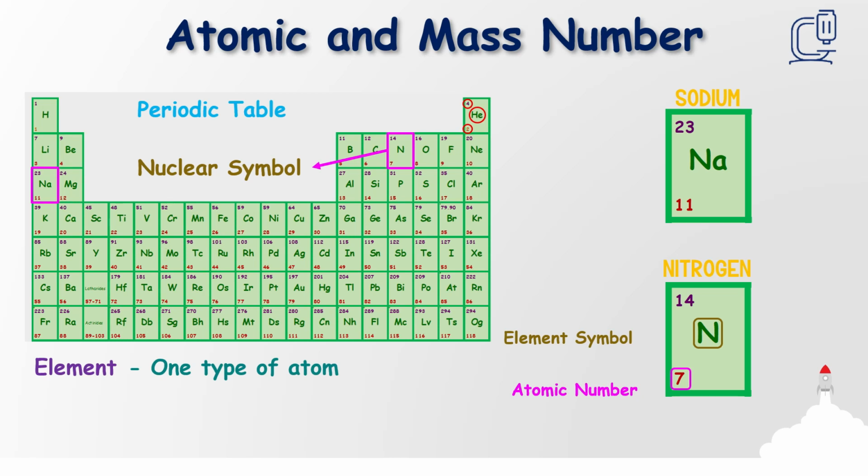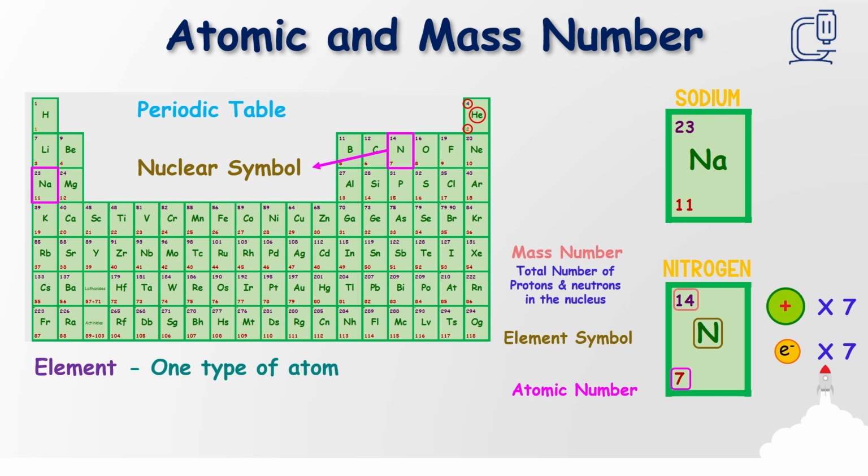So nitrogen has 7 protons in the nucleus. The atomic number is also equal to the number of electrons in an atom, because atoms have the same number of electrons and protons in order to have no overall charge. So the number of electrons in nitrogen is 7. The top number, which in this case is 14, is called the mass number. This is equal to the total number of particles, protons and neutrons in the nucleus.